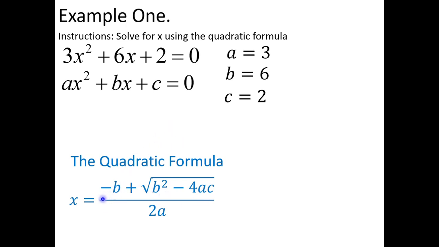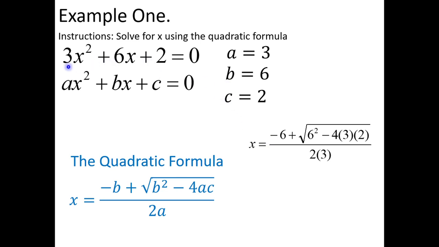So this b out front of the formula, because the equation we're trying to solve has a 6 here in the middle, for b we're going to use 6. So where we see a b, we're going to put a 6. Let's look at how that would look. Here we have, instead of negative b at the beginning, negative 6. Why do we have negative 6 at the beginning?